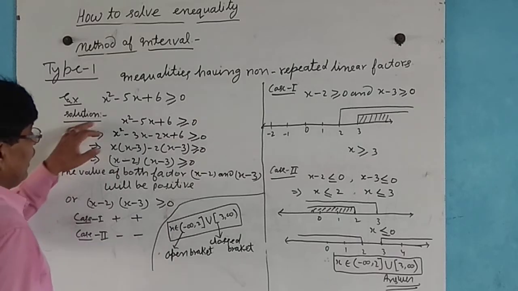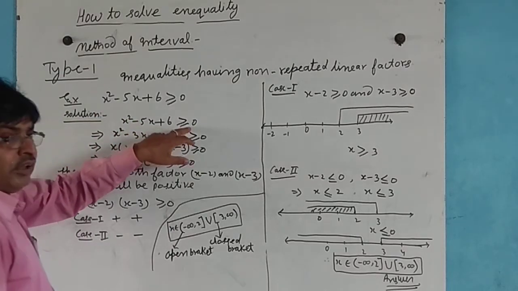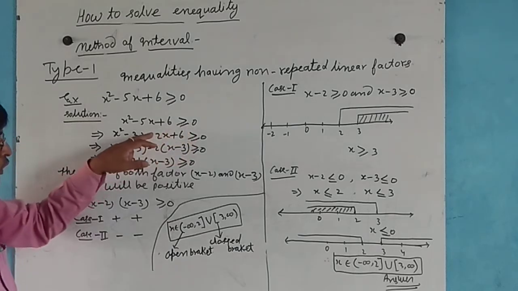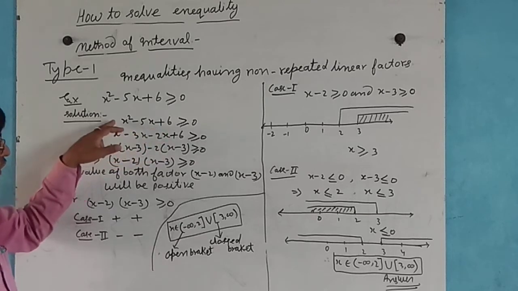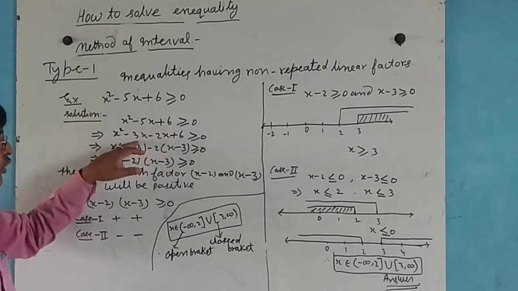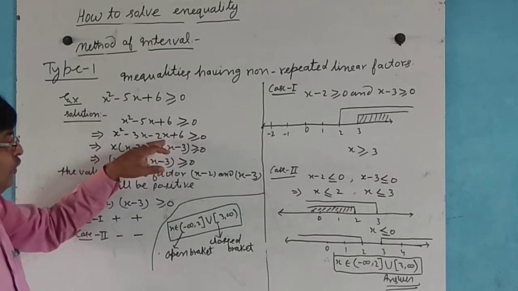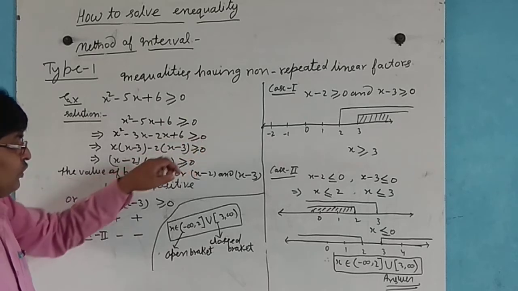Now solve it. x square minus 5x plus 6 greater than or equal to 0. First of all, we factorize it. Splitting the middle term: minus 3 and minus 2 make minus 5, and the product is plus 6, greater than or equal to 0.